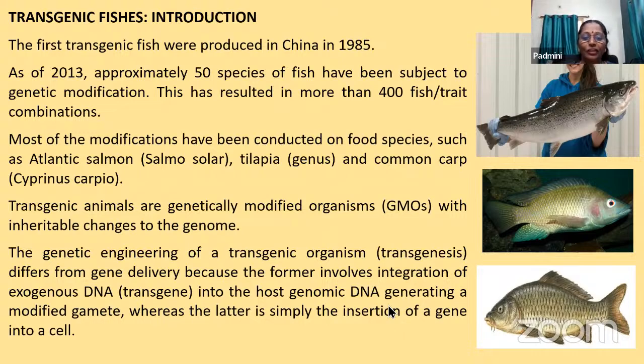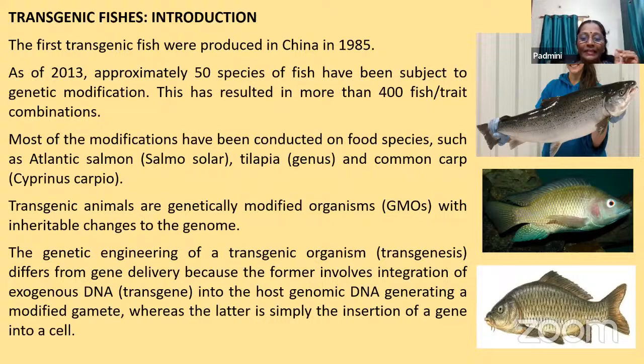So the genetic engineering of transgenic organisms differs from gene delivery because the former involves integration of exogenous DNA. That is, transgenic organism means integration of exogenous DNA, like a gene of interest, for example, human growth hormone. You take out that human growth hormone and introduce it into the host genomic DNA, thereby modifying the gametes.